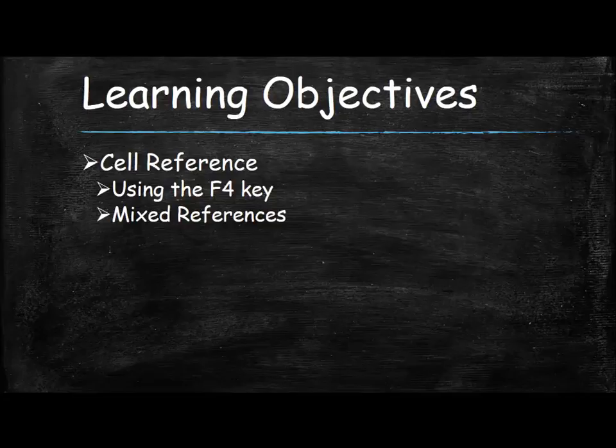If the formula is never going to be copied, there's no reason to worry about putting in dollar signs. But if the formula is going to be copied, using mixed references, absolute references, can save you a tremendous amount of time and energy. We also looked at the F4 key, which helped us out by cycling through and letting us put in our dollar signs.